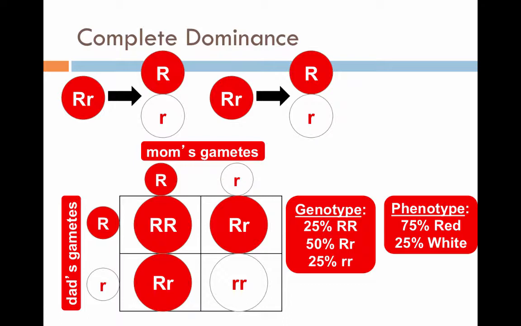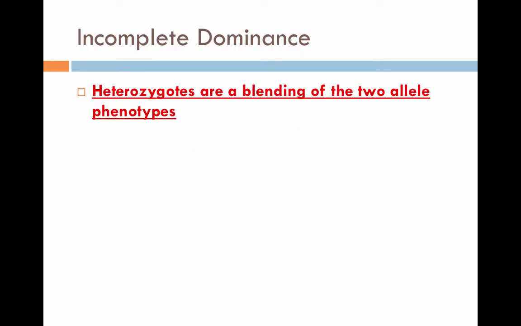But guess what? This doesn't actually happen in nature very often. There are many other inheritance patterns that we are about to discuss. Sometimes alleles are not dominant or recessive. Instead, they are incomplete dominant. This means that the heterozygote organism is a blending of the two alleles.